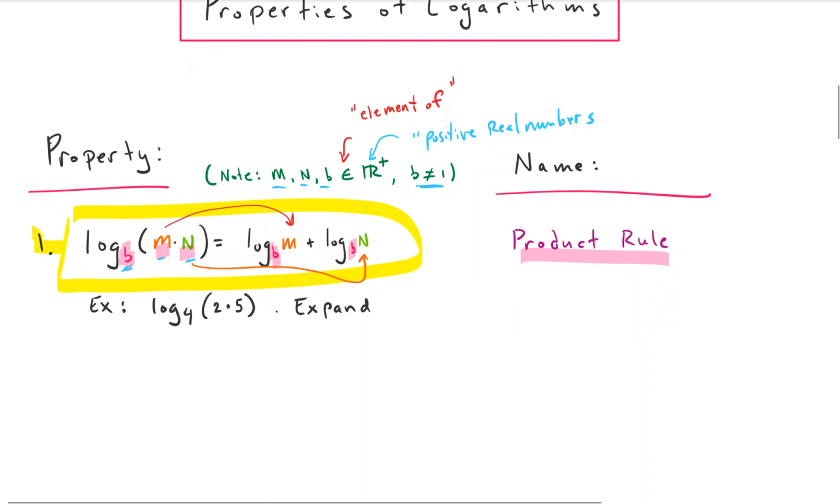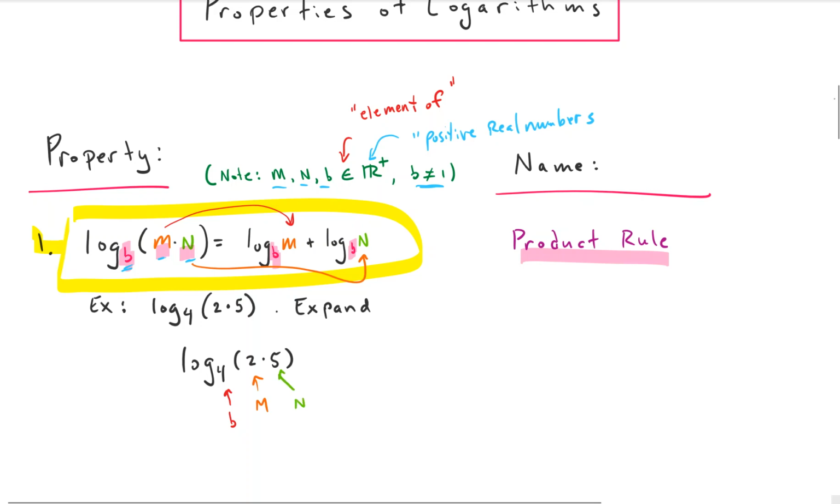If we have log base 4 of 2 times 5, then first let's identify each of the items, b, m, and n. So the b is the 4, the m is the 2, and the n is the 5.